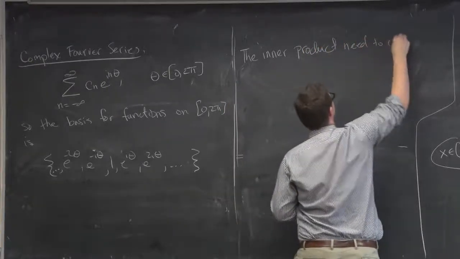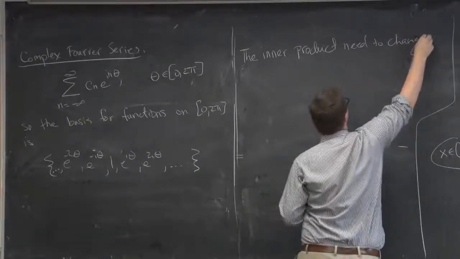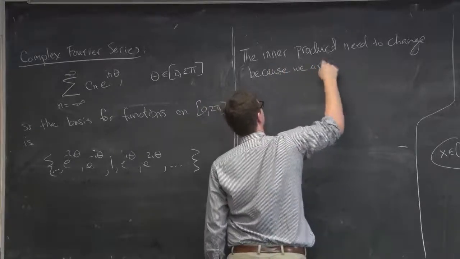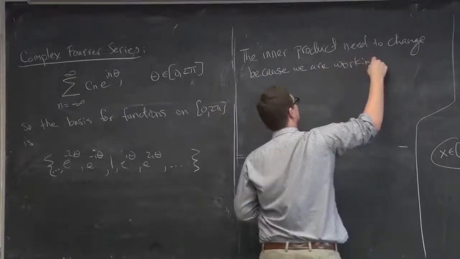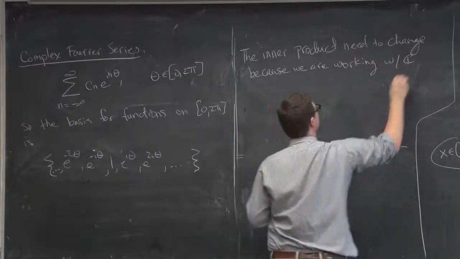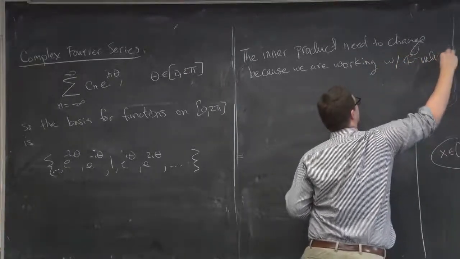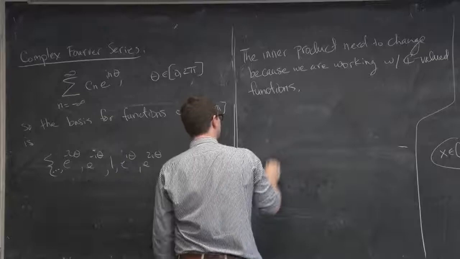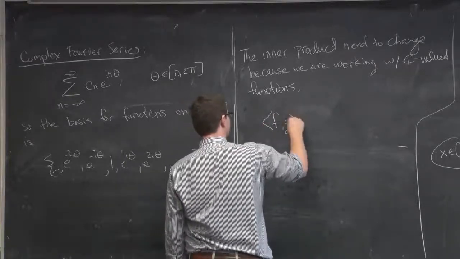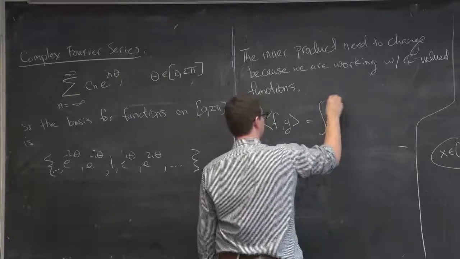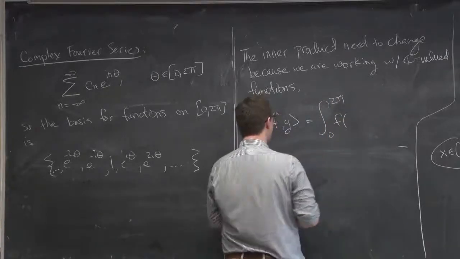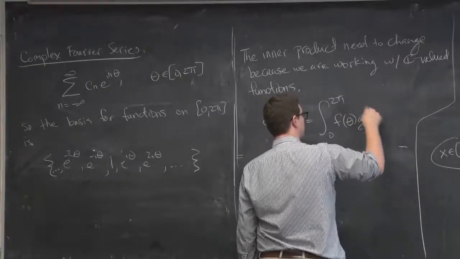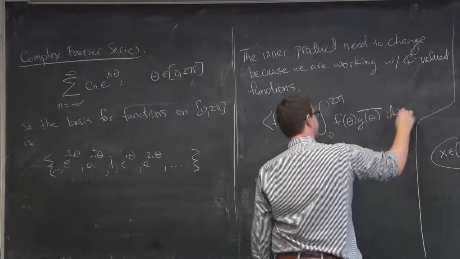Needs to change because it's complex valued, with C valued functions. And let me explain the rule. So here, the inner product of f and g is the integral from 0 to 2 pi of f of theta, g of theta bar, d theta.